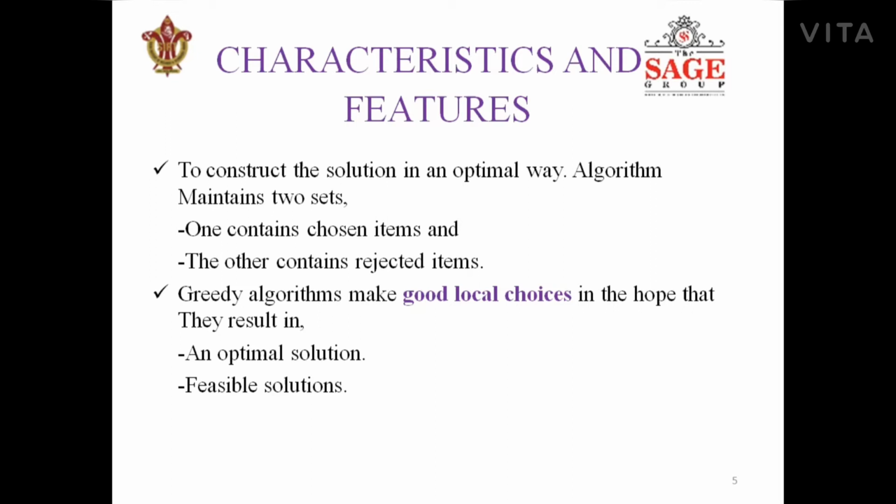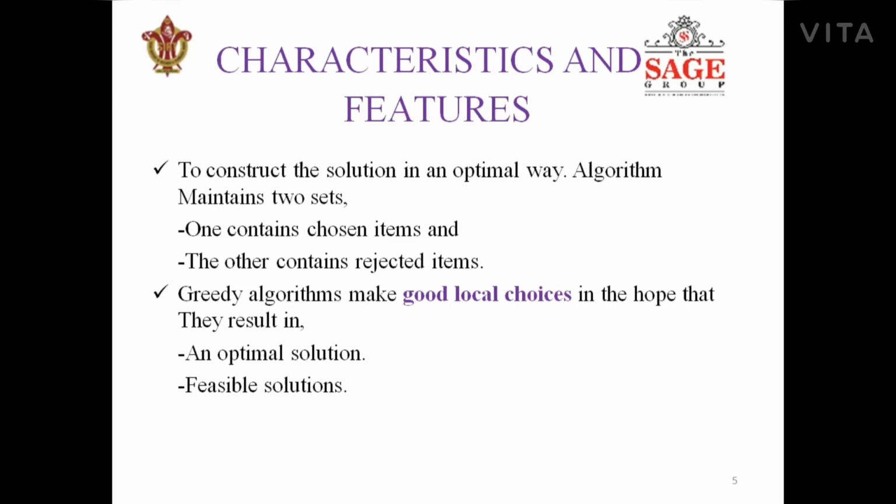So one optimal solution is selected and all other input items are rejected. So we have two sets, one containing the chosen items and the other containing the rejected items.